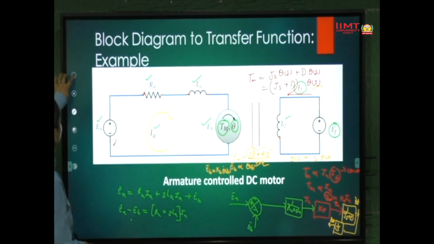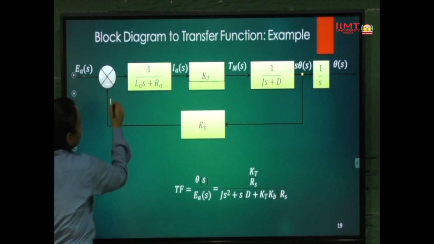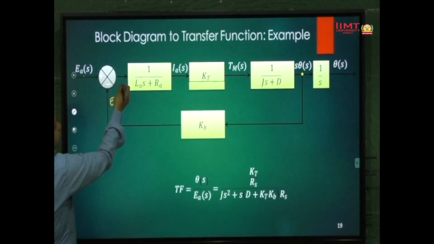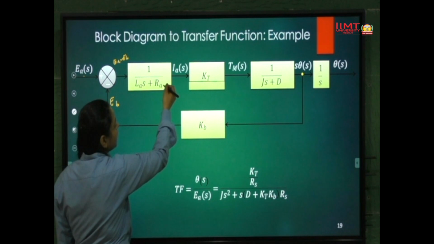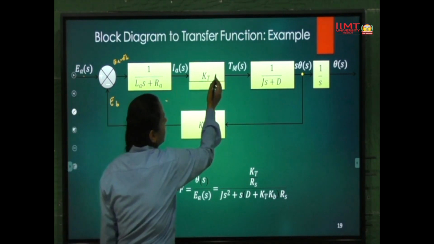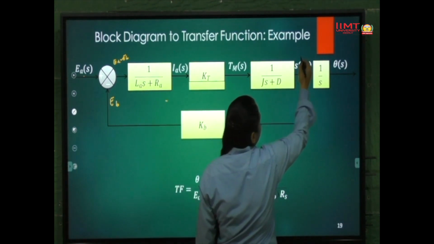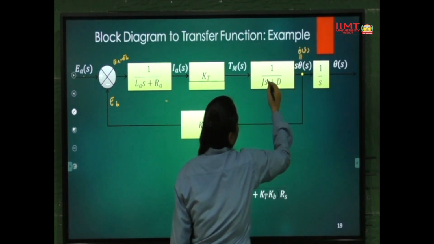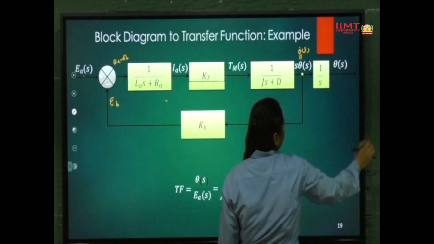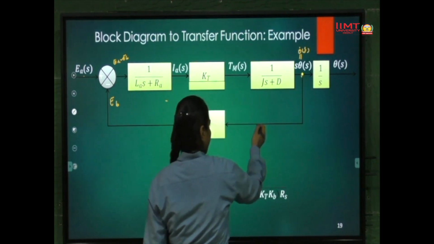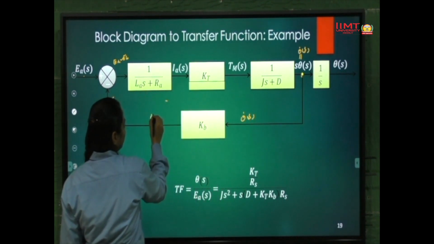Finally we get the transfer function. We have EA minus EB, which is equal to 1 by LS plus RA times IA of S, and IA of S times KT is TM, which is equal to Js plus D times theta dot S. Then theta dot S times 1 by S, the integration, gives theta S. Similarly the speed theta dot S times KB is equal to EB.